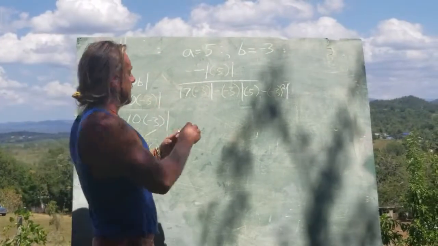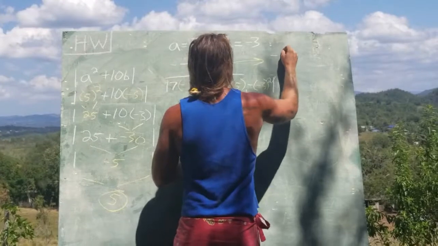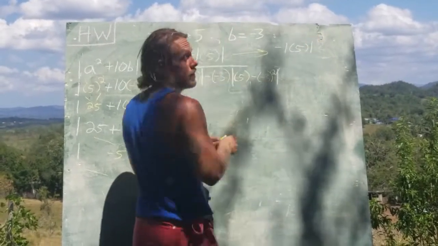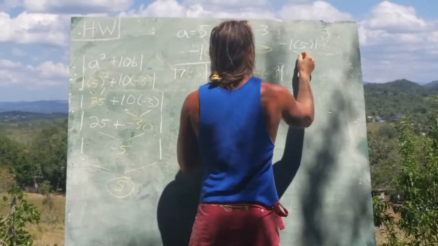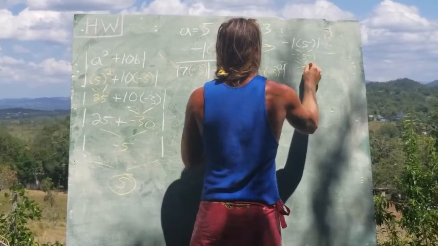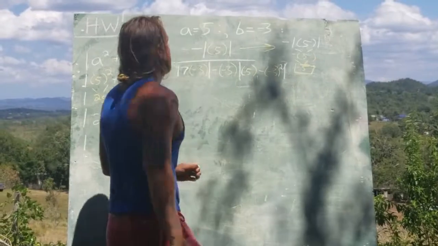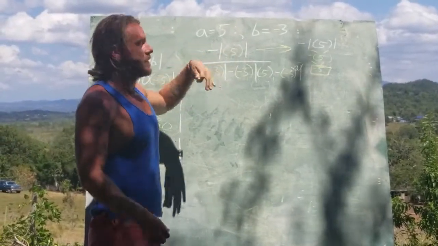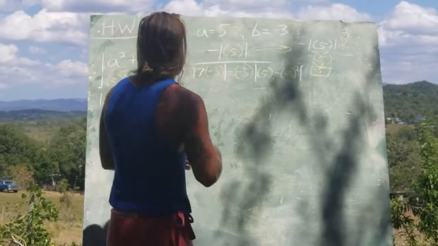Let's deal with the numerator first. A negative absolute value of 5. We've seen this already. Absolute value of 5 is 5. Bring down the negative. We have a negative 5. Our new numerator is negative 5. Again, the absolute value is positive, but this negative makes the final product negative. All right, let's deal with the denominator.